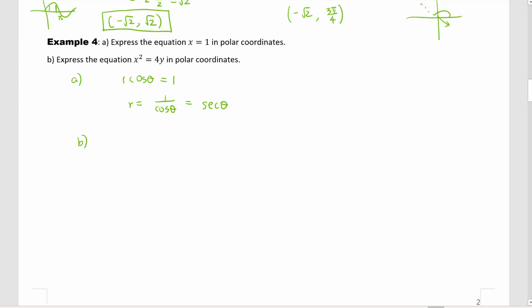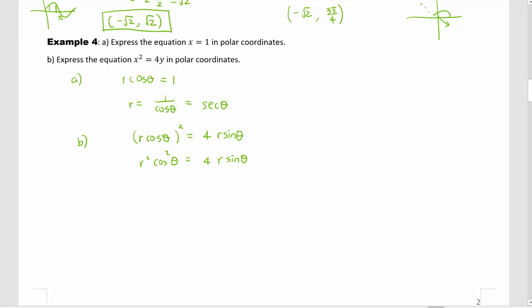Part B, express the equation x squared equals 4y in polar coordinates. What is x? Well, x is r cosine theta, and squared equals 4 times y. y is r sine theta. So keep that in mind. So r squared cosine squared theta is 4r sine theta.